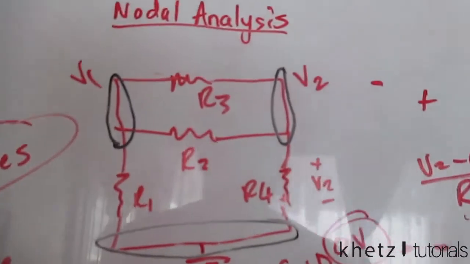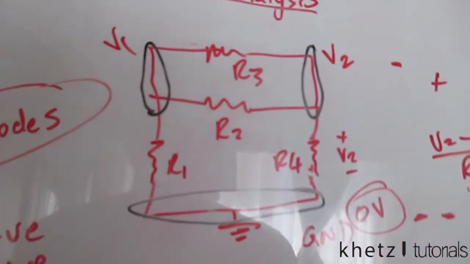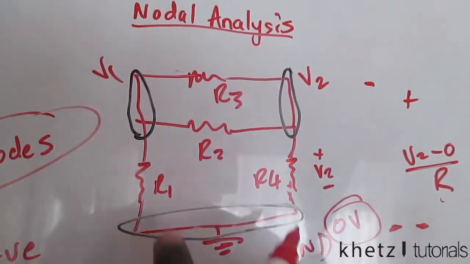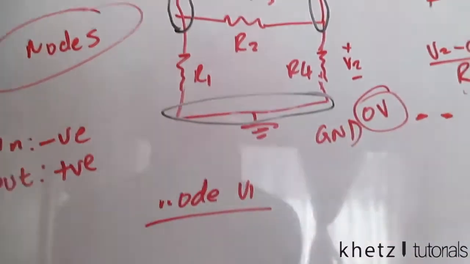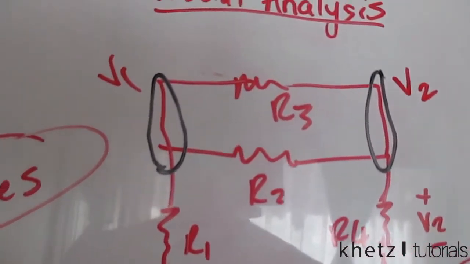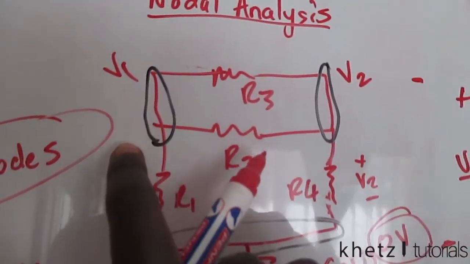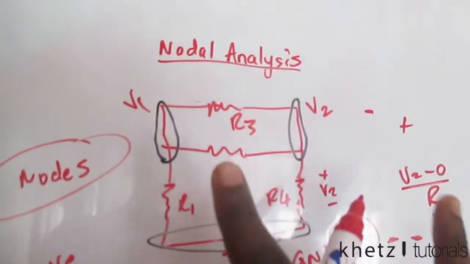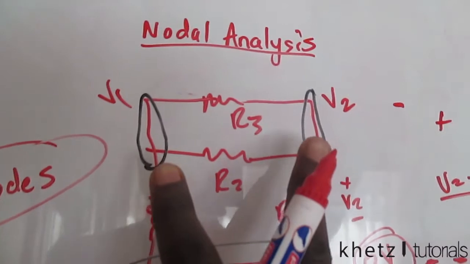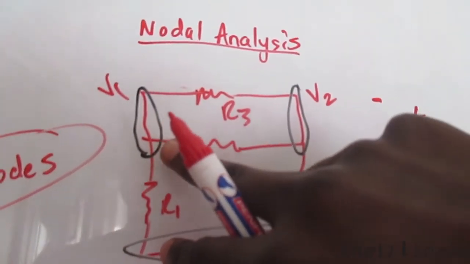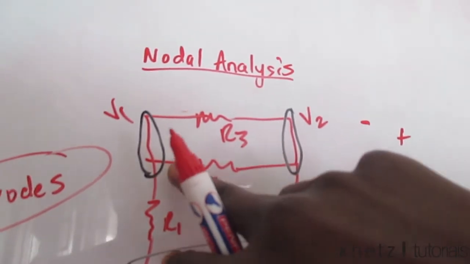So in this case, looking at node V1, we're going to have 1, 2, 3, because we have 3 points which are linked to this node. So we're going to have 3 terms in our equation. So doing that, we're going to say V1, finding the voltage. What you do, like I showed you here, is at the top, you find the voltage across the resistor which you're interested in. Let's start with R1.